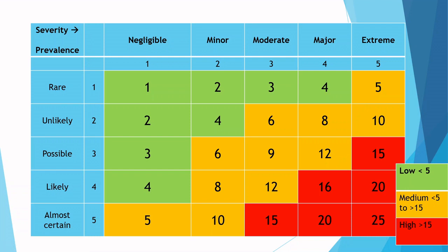Again, you'll see different organizations use slightly different categorizations. Some will have 4, some will have 5. The main thing is that we are giving a priority to the most impactful, and we are quickly color coding it so that we can determine whether it is low, medium, or high.